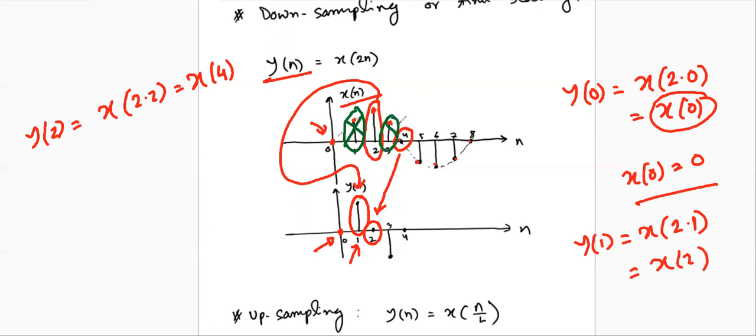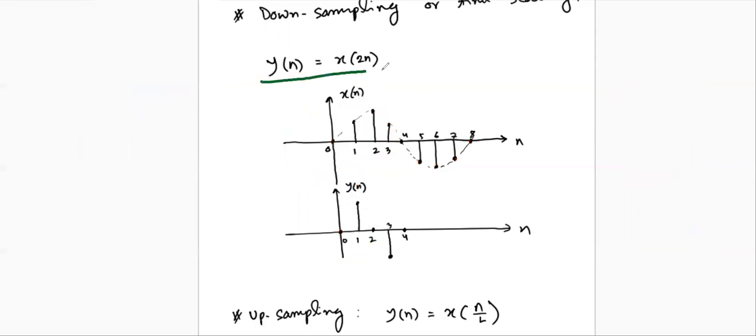You are not counting that value. So you are dropping some numbers. In this case, you are dropping this value, this value, this value, and so on. You are missing some data, and ultimately you are getting this stem plot as the result.